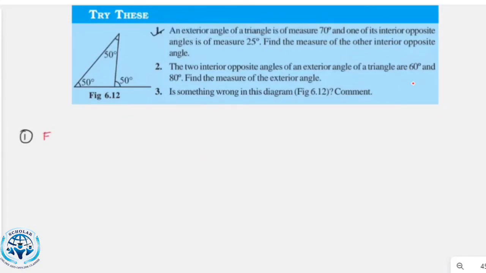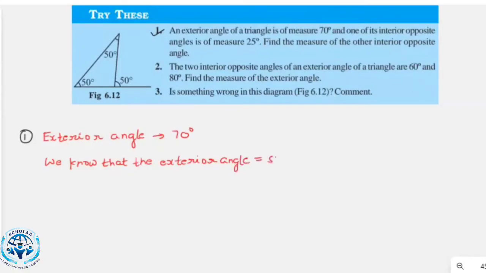An exterior angle of a triangle is of measure 70 degree and one of its interior opposite angle is of measure 25 degree. Find the measure of the other interior opposite angle. Exterior angle is of 70 degree and one interior opposite angle is of 25 degree. And as we know that the exterior angle is the sum of the interior opposite angles and one is known, we have to find out the other.